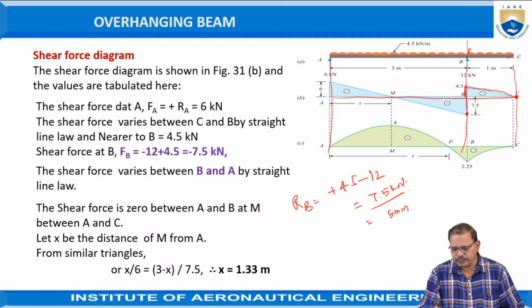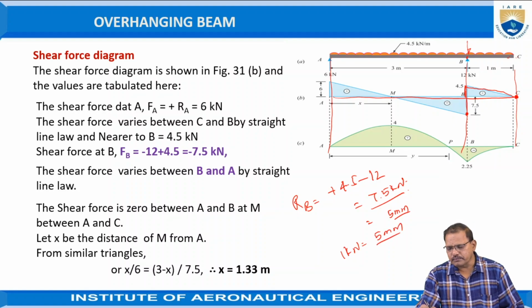Otherwise I could take 10 mm, but it becomes longer and more space is required. Hence, 1 kilonewton represents 5 mm, so here 7.5 kilonewtons is drawn to this scale in the downward direction.